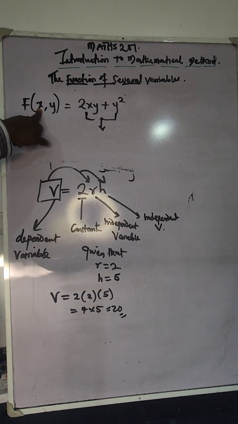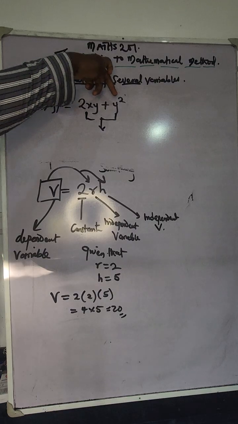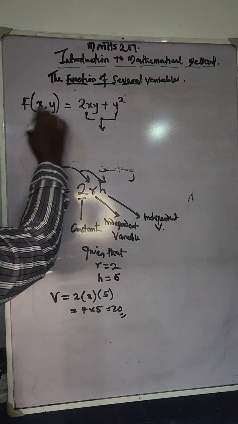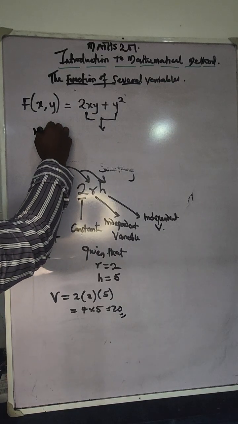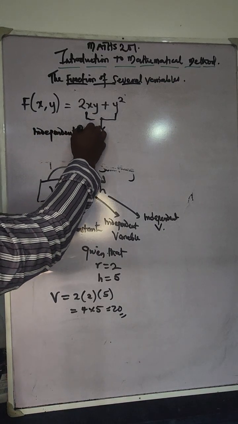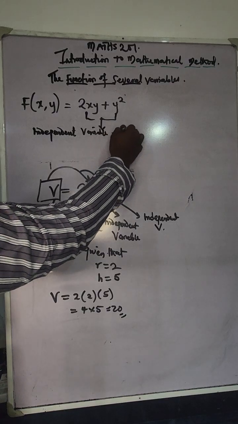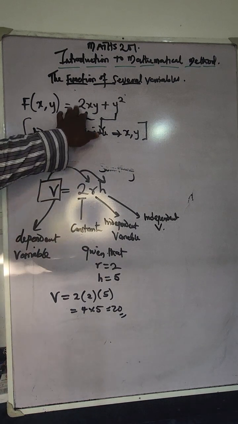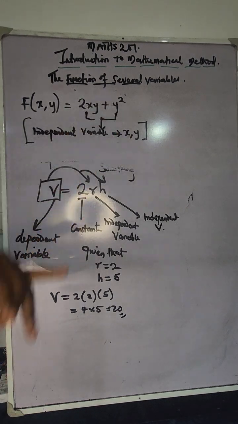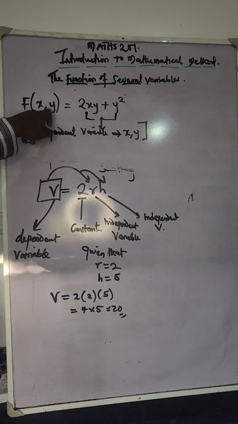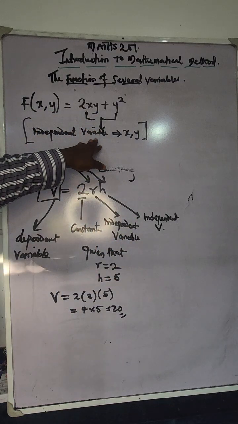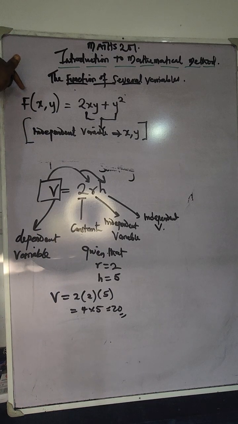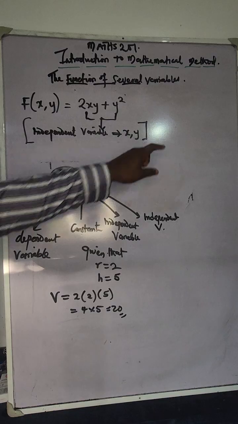This x and this y are present in the function, so they are independent variables. The independent variables in this system are x and y. So it is a function containing two independent variables, x and y. Why are they independent variables? They are independent variables because you cannot know the value of f, the function itself, if you don't have the values of x and y.